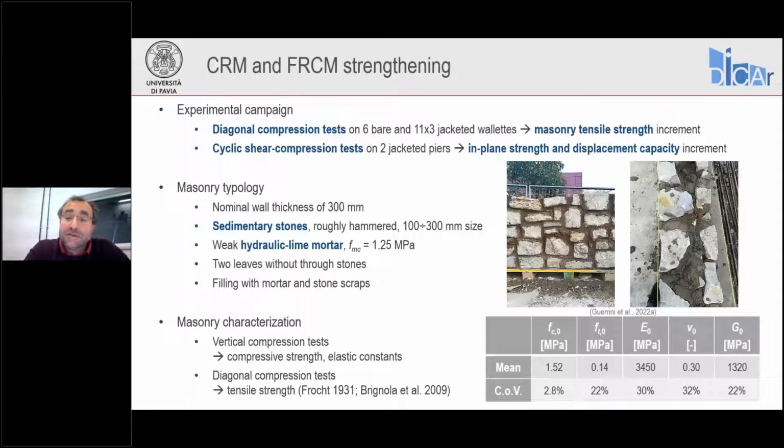Now, here at the University of Pavia, we have performed a quite extensive campaign on the strengthening of stone masonry with both CRM and FRCM solutions.